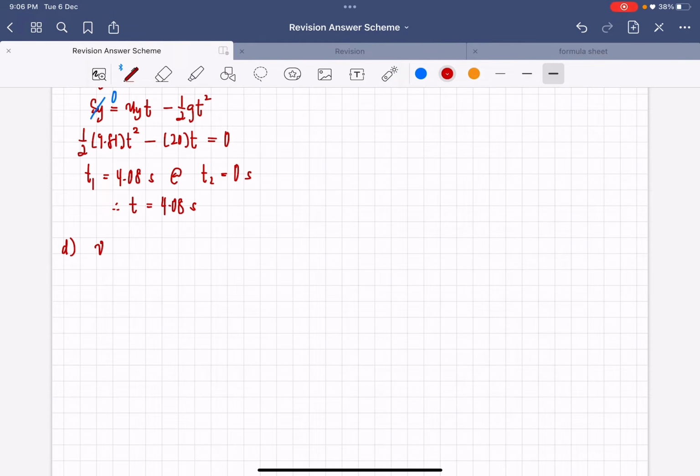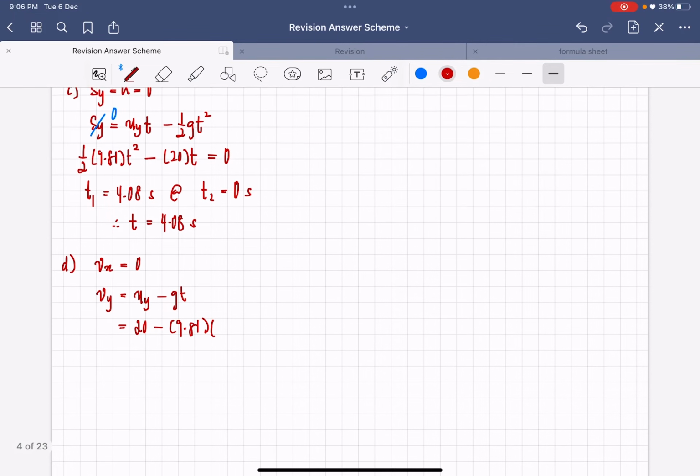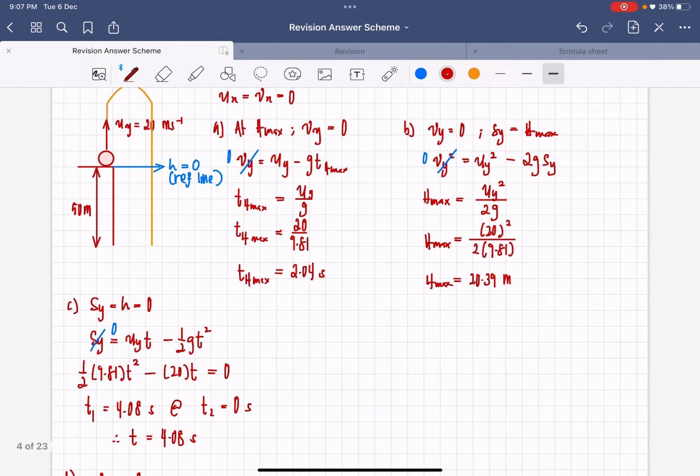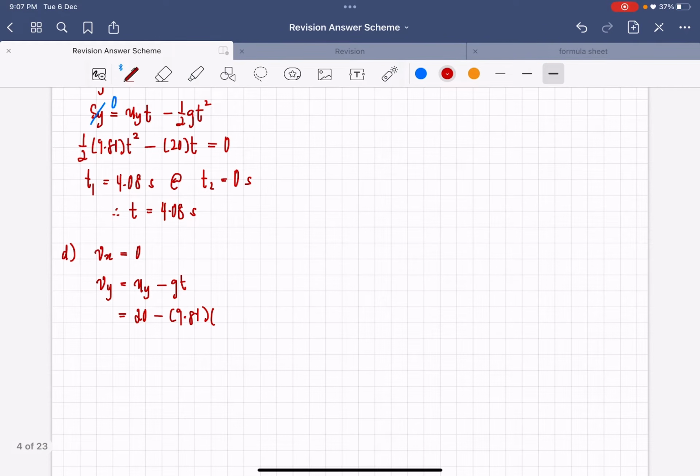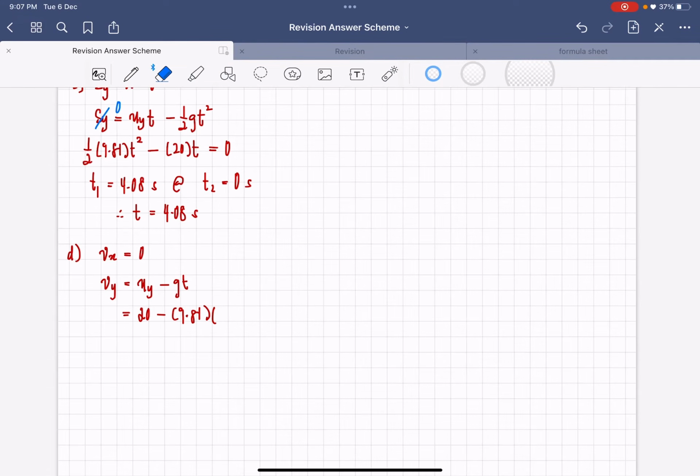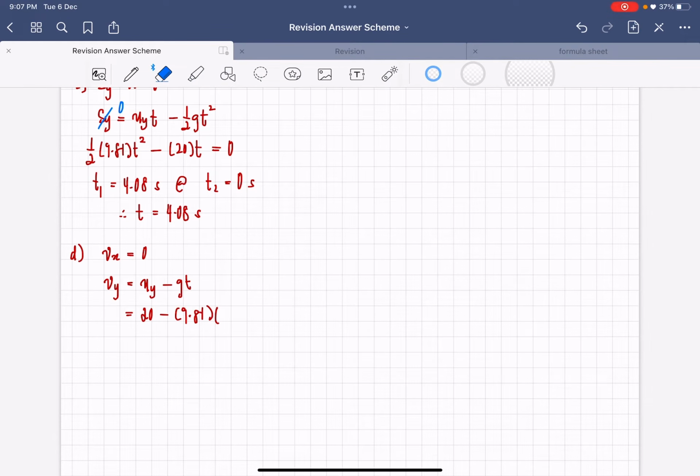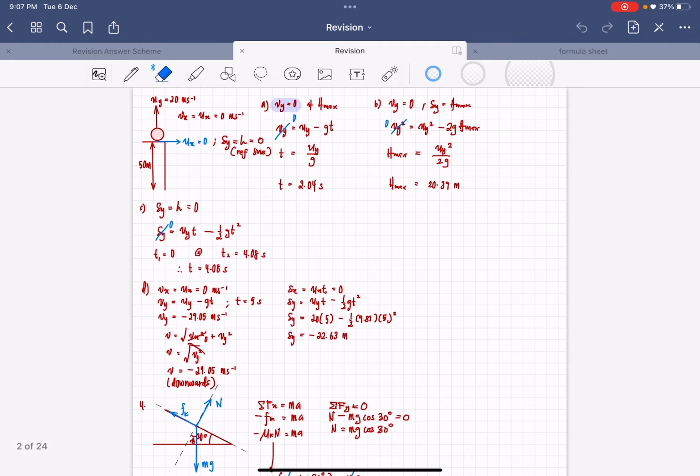For this question, vx is equal to 0, and vy is equal to uy minus gt, where uy is 20 minus 9.81 times t. Which t do we use?